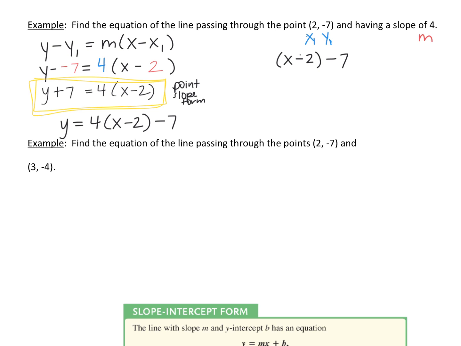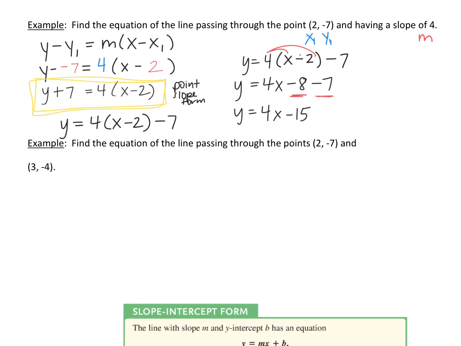Can't do it today, guys. Okay, distribute and solve. If you distribute this and combine like terms, then you should have slope-intercept form. So trying to give you 3 different ways you could do it. 4x minus 8 minus 7. You got some like terms. And so you get y equals 4x minus 15.